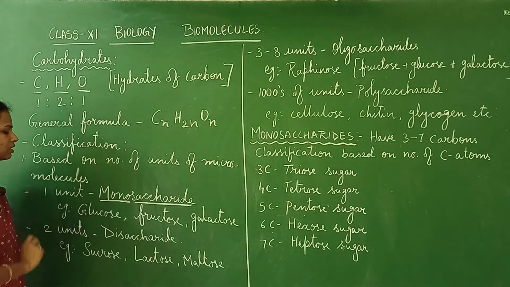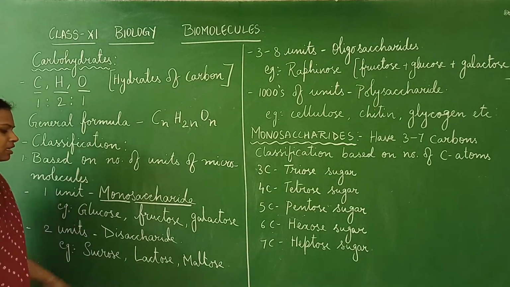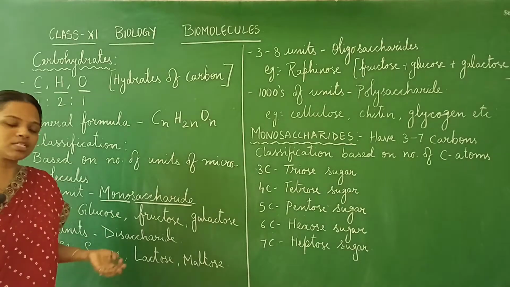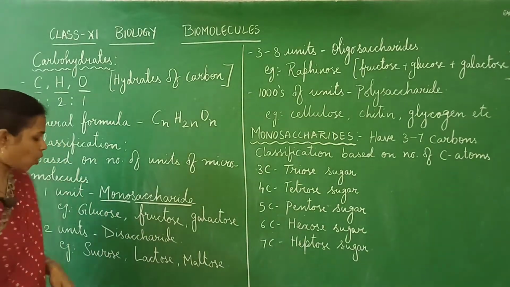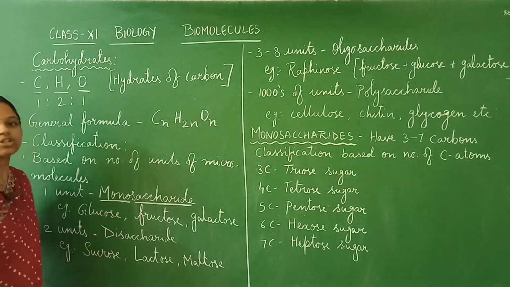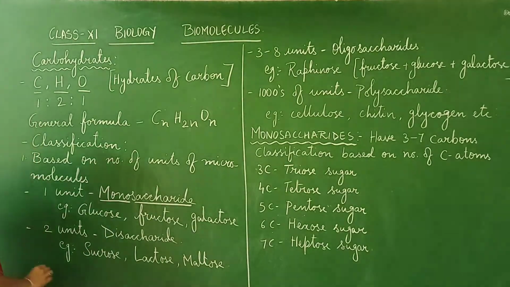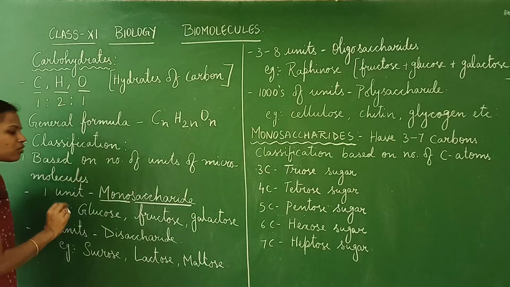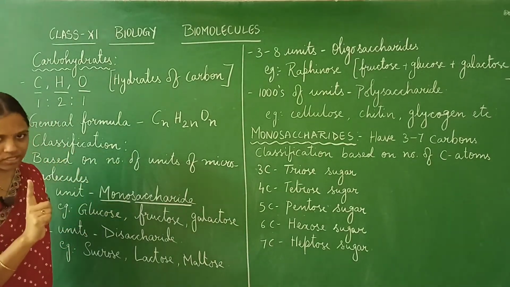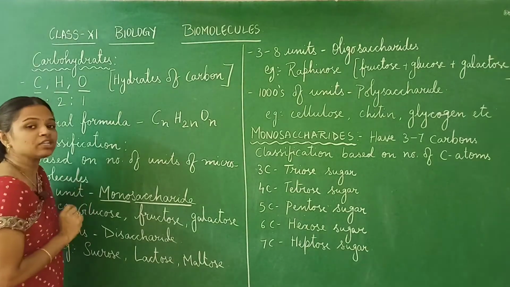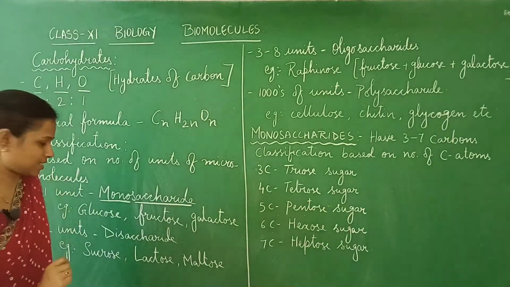Here the examples are simple sugars like glucose, fructose, galactose. The suffix 'ose' actually stands for sugar. These are one of the simplest sugars because they are made up of only one unit. They are usually sweet to taste.